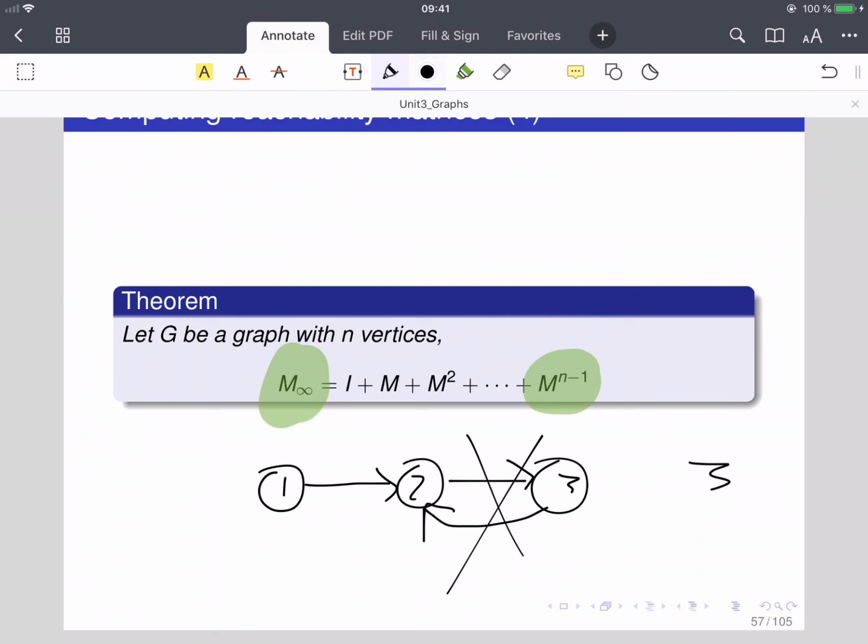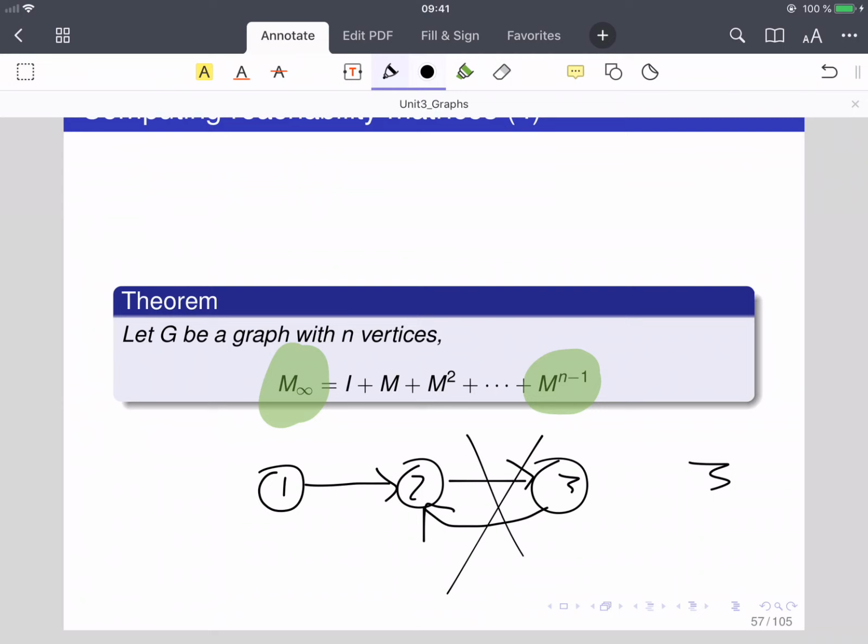So if we have a path of length n or more, we have another path that starts and ends in the same vertices, but with less than n edges in the path, with length at most n minus 1.